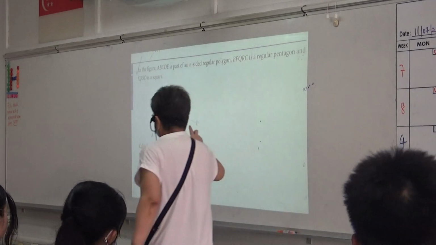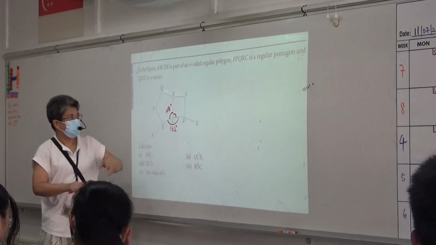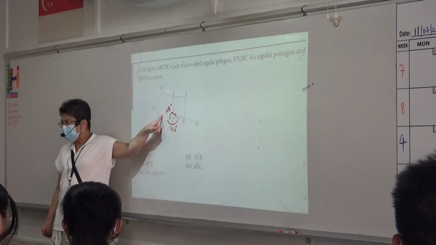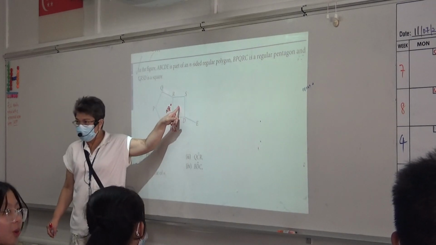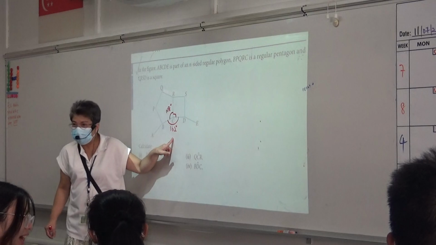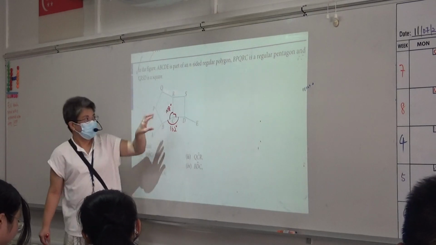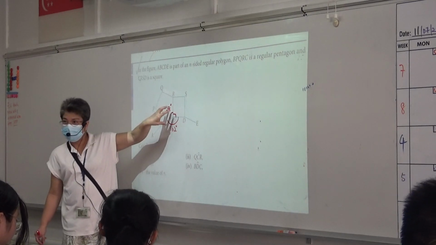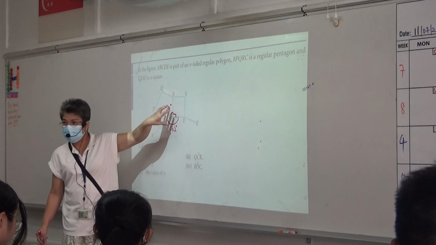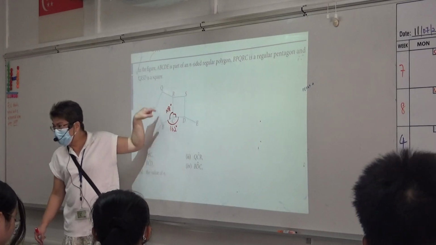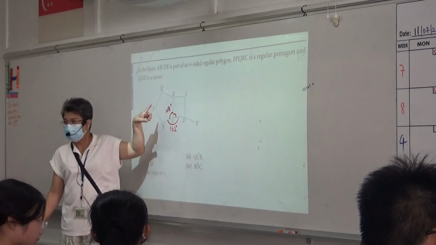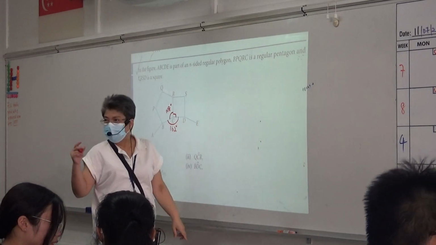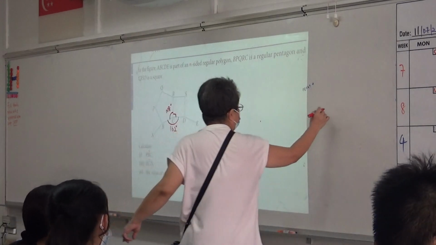Now, do you agree that if I fit a regular pentagon with a square and a 20-sided regular polygon, it will fit exactly? There will be no gaps. Why? Because all the angles add up to 360.